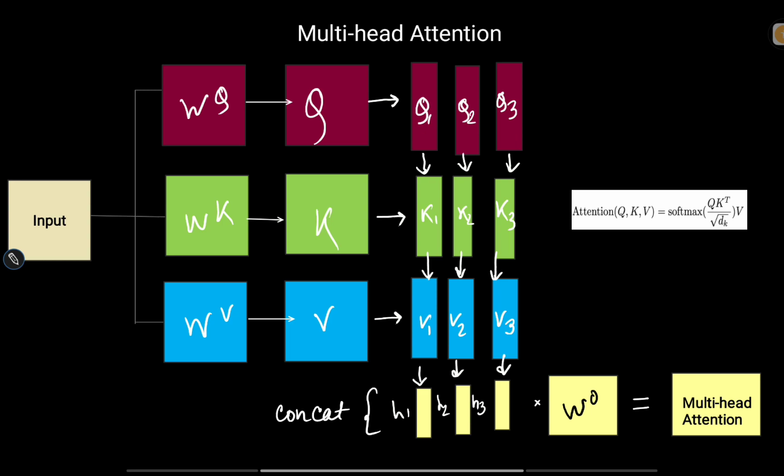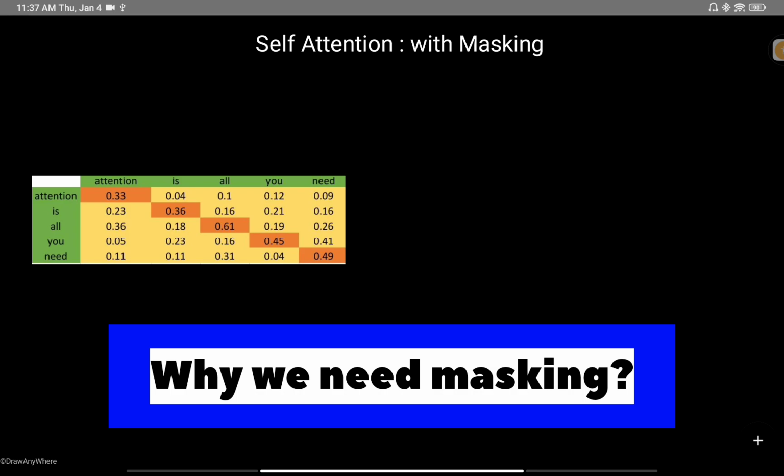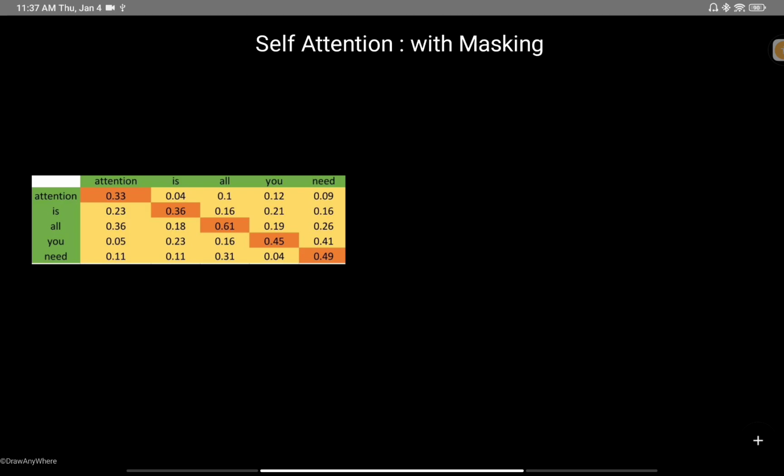So once we have this multi-head attention, let's talk about the masked multi-head attention, right? Why do we need the masking first of all? In the case of the encoder side, this is the encoder side example. Any of the tokens, if I talk about this token, can look into the past tokens, the previous tokens, and also the future tokens, right?